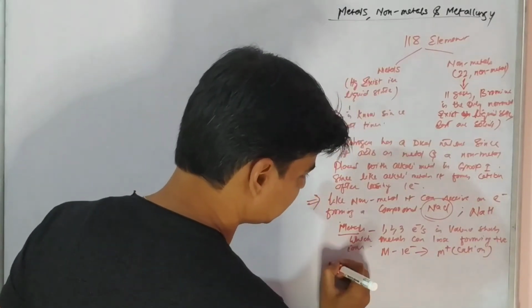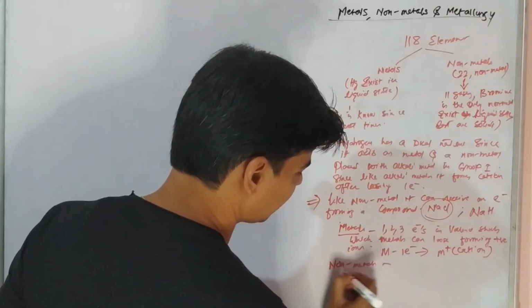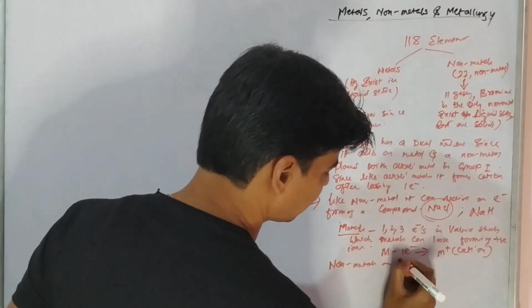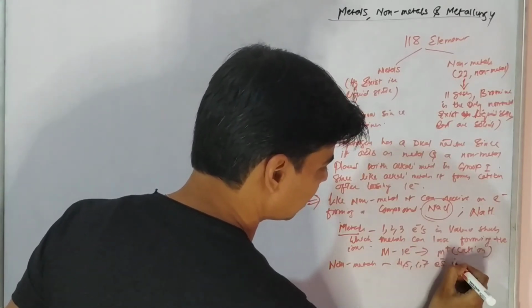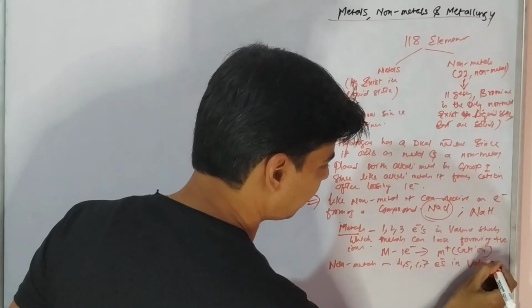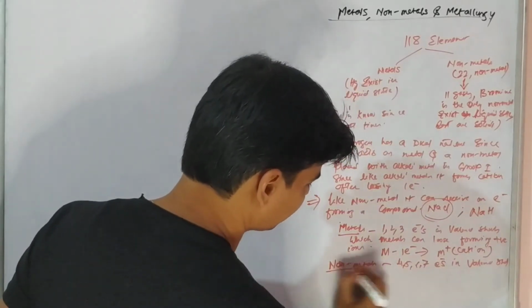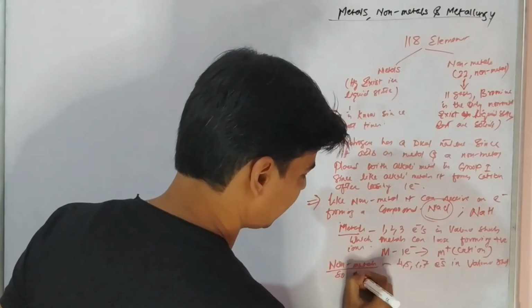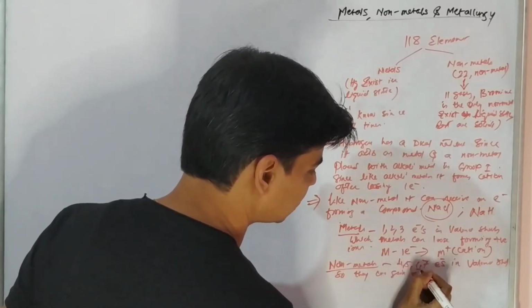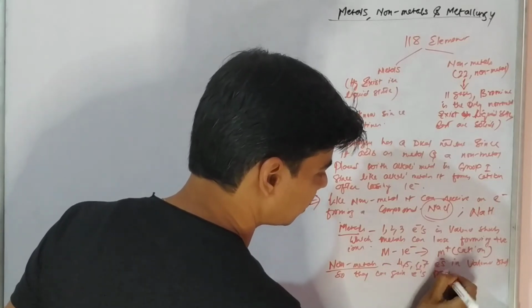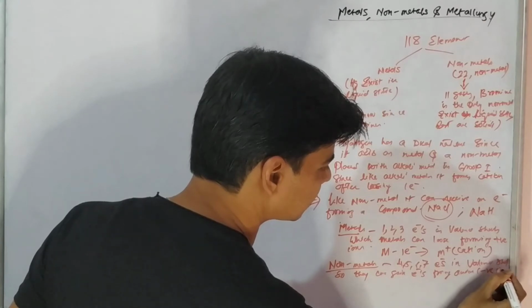Similarly, non-metals have 4, 5, 6, 7 electrons in the valence shell, right? So they can gain electrons, forming anions, which are negative ions.